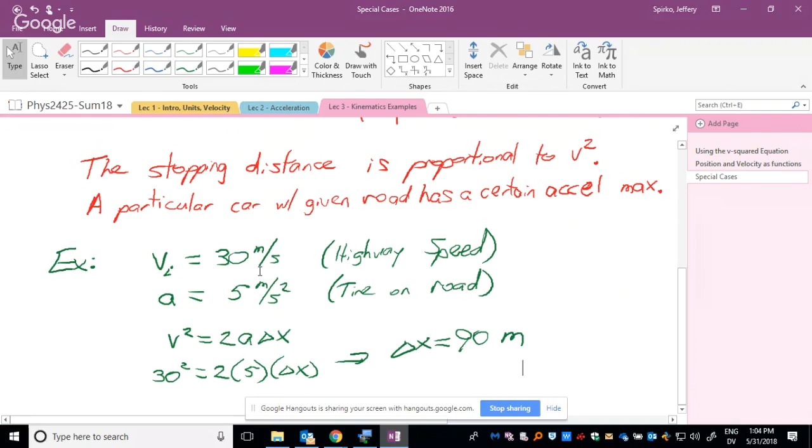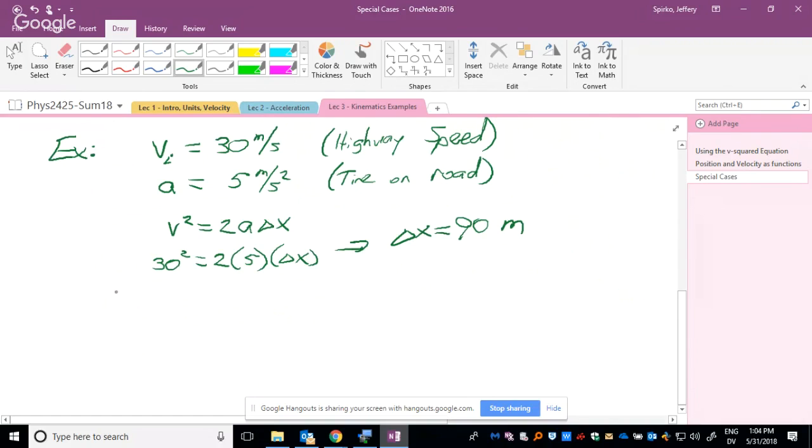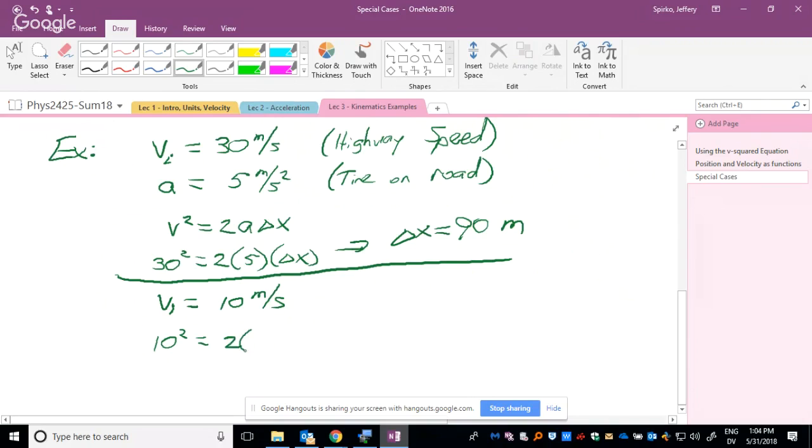So if we rerun this with V initial only 10 meters per second, then we get 10 squared is 2 times 5 delta x. And we get delta x is equal to 10 meters, which is only about 32 feet, which gives the driver a much better chance of actually stopping in time.